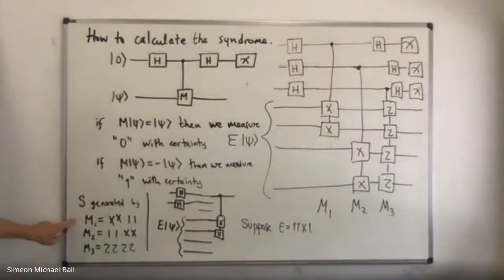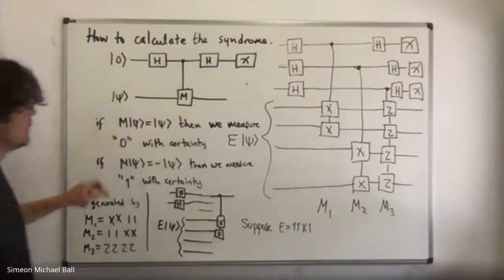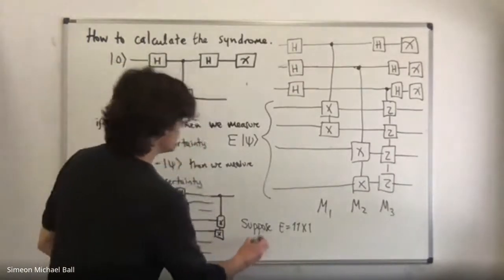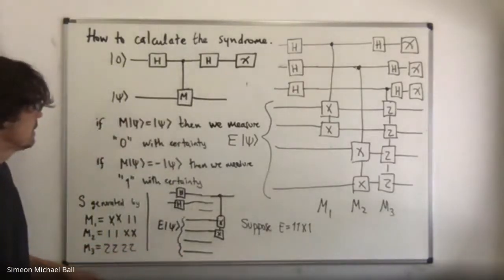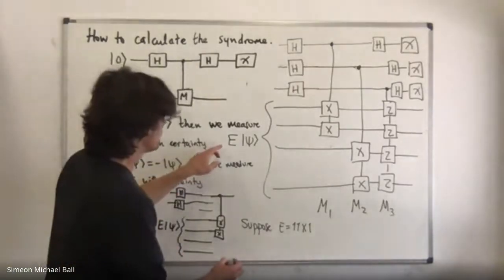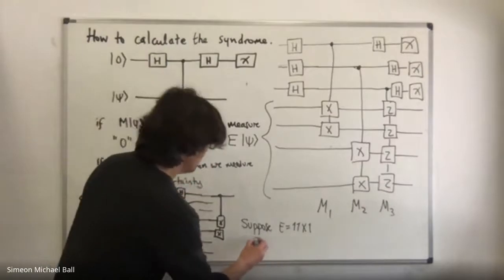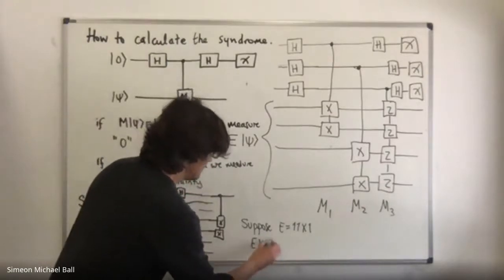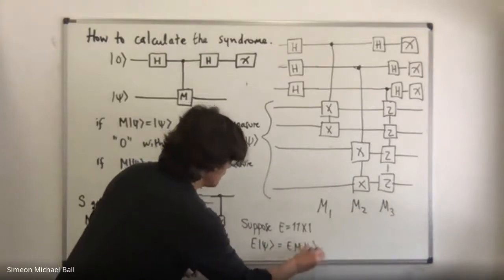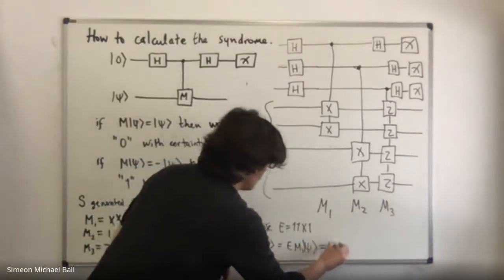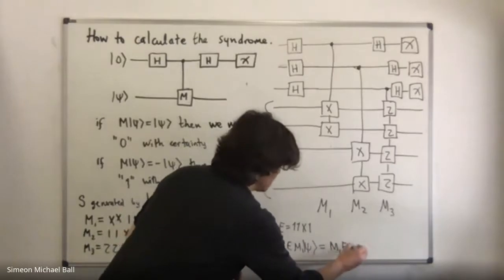So we're going to get E psi. This is equal to E M1 psi. It's equal to M1 E psi.